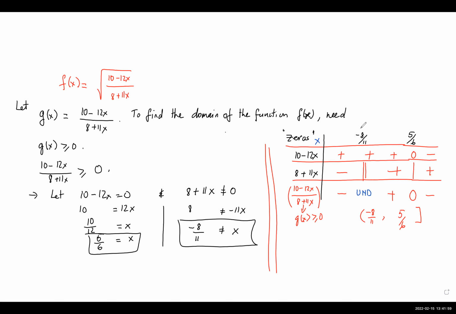Then the bottom line here tells us the domain of this function. Therefore, the domain of this function is the interval from negative 8 over 11 to 5/6, with a square bracket at 5/6 because we do want g of x equal to 0.